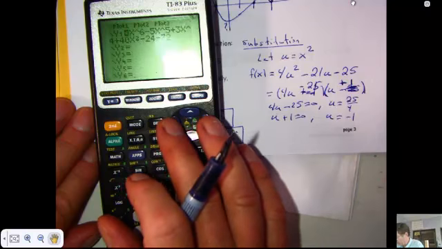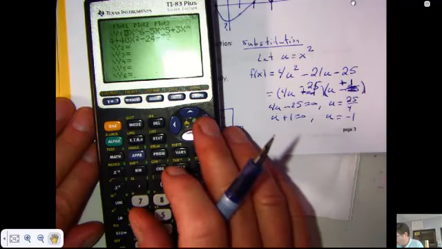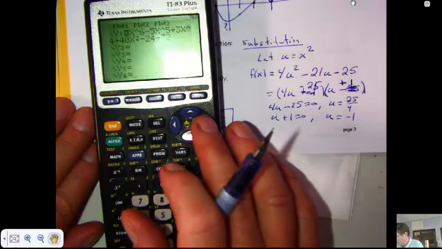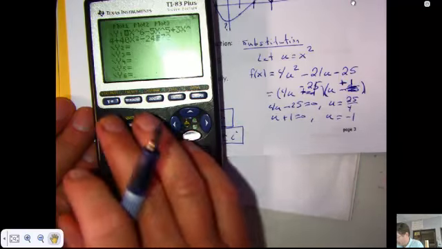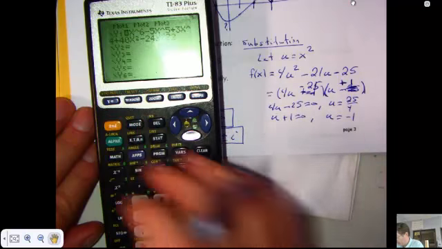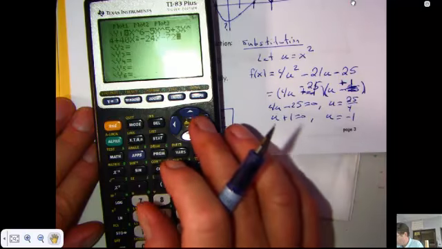Alright, make sure I got this right. So x to the 6th minus 5x to the 5th, 3x to the 4th. I forgot my x, that's not good. Is that okay? Looks like it.